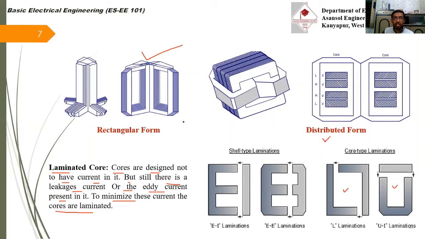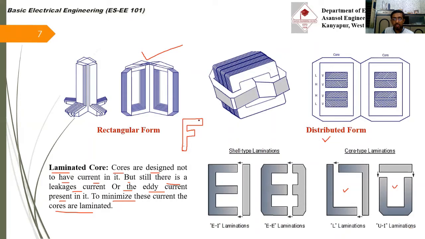Another kind of lamination is also formed that looks like this, an F kind of shape.